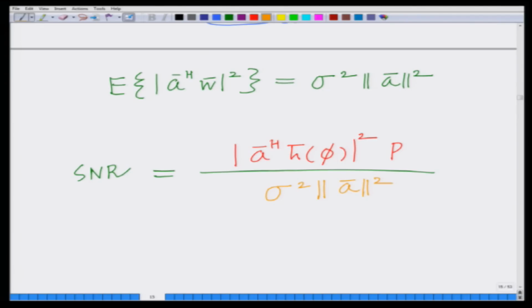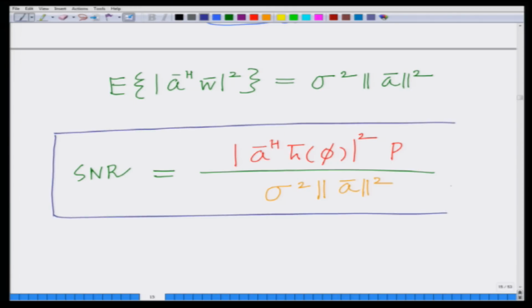This is the expression for a general beamformer A. This is the expression that we derive for the SNR at the output.